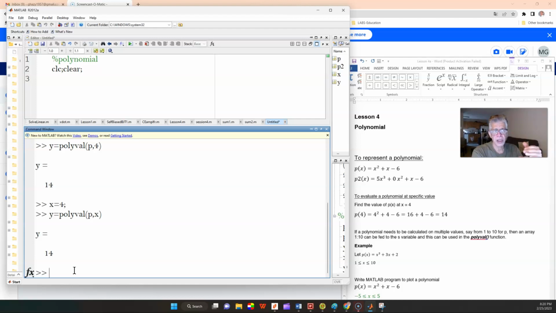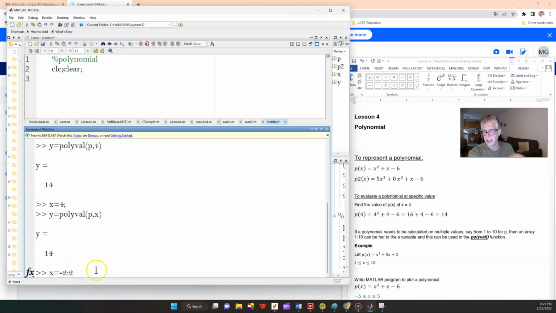That's helpful, especially if x is a vector and has many values, so you can do it in one shot, and I'm going to show you an example like that. Let me just do it now. Let's say that x varies from -2 to 2. So you can write x equals from -2 up to 2.